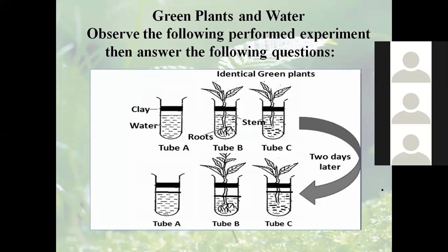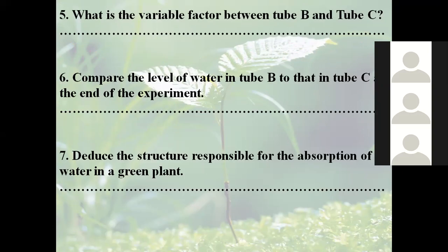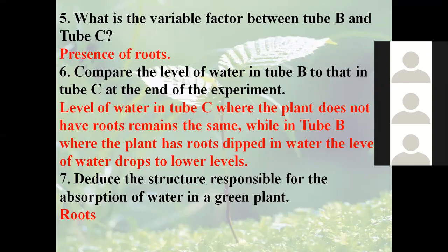The plant having the roots, the level of water decreases, while in the plant having no roots, the level of water stays the same. So the structure responsible for the absorption of water is the roots. The variable factor between tubes B and C is the presence of roots. In tube B we have roots, in tube C we don't.